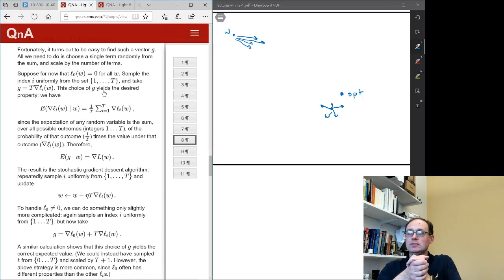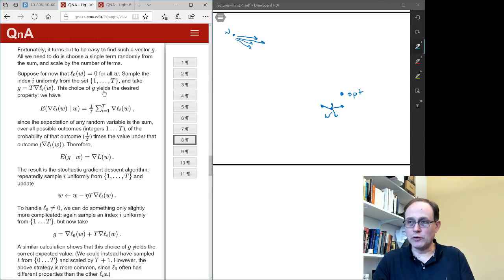In machine learning, often our goal is, given a batch of training data, to produce a hypothesis, like a parameter vector W that's going to do well on future data drawn from the same distribution. So, for example, I have a training set.